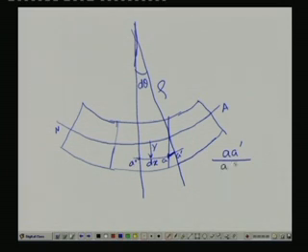So, A double prime was the original length, and this is what we can consider as the strain in the x direction. So, this we can consider as epsilon x.